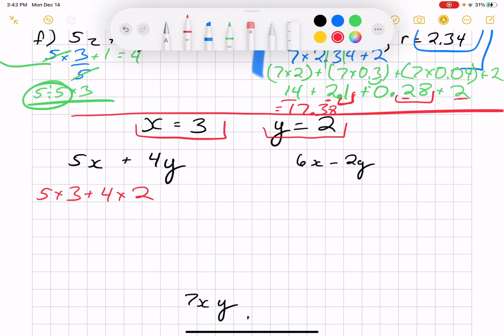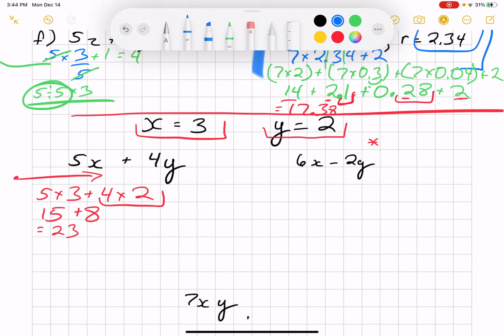And this is the order of operations, right? There's no brackets. So then I go multiplication and division first from left to right. So this is 15 now, plus, I'm going to do this one next, 8. And then I add them together. Okay. So I would like you to pause and do this one by yourself here. And then come back.